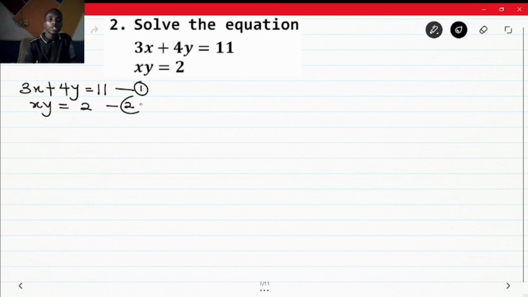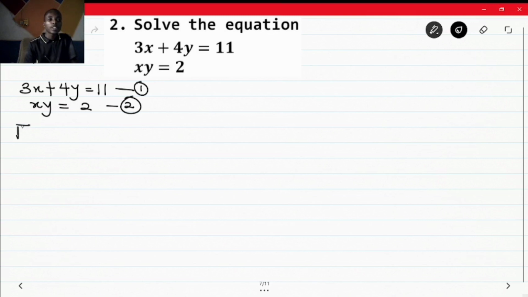That's equation 2. So here I can make either x or y the subject of the equation, or I use x and y here. I can use any since each of them is raised to the power of 1. But let me go to equation 2. I would like to use x as the subject.